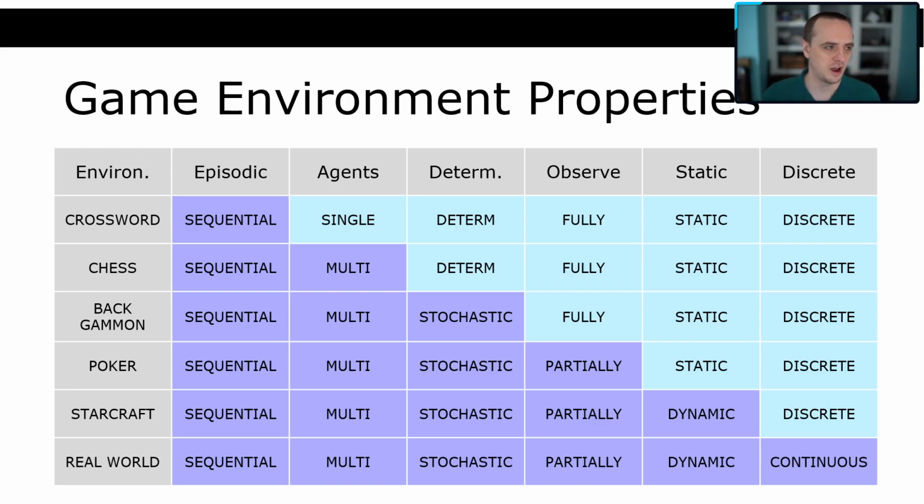First off, I want to remind you of Computer Science 3200, which is a prereq for this course. In that course, we talked about game environment properties. If any of you actually remember this stuff, environments can be episodic or sequential, single or multi-agent, deterministic or stochastic, fully or partially observable, static or dynamic, discrete or continuous.